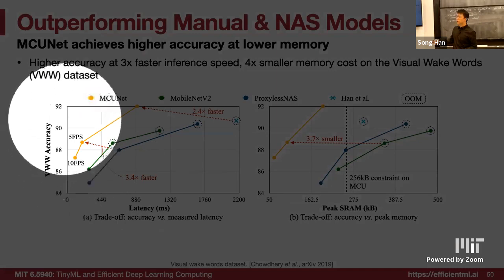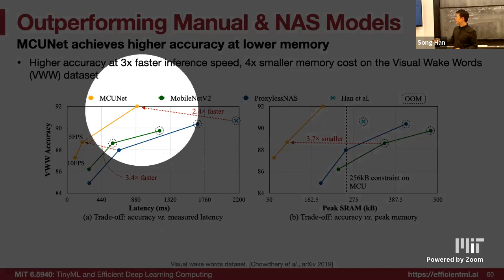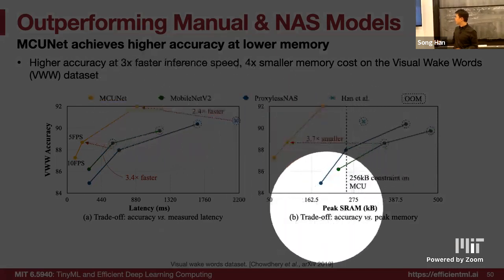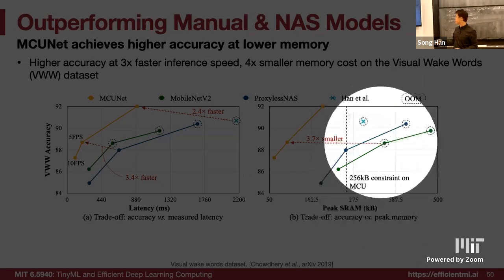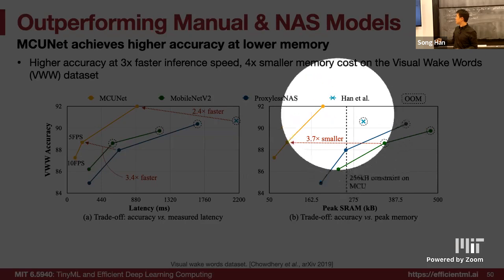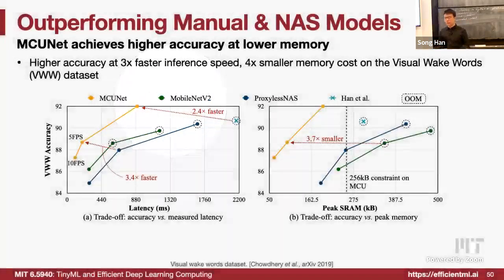And here is the visual wake words accuracy, the higher the better. So MCUNet is faster. And also here is the memory, peak SRAM measured in kilobytes, about 3.7 times smaller compared with this MobileNetV2. The green part is MobileNetV2.